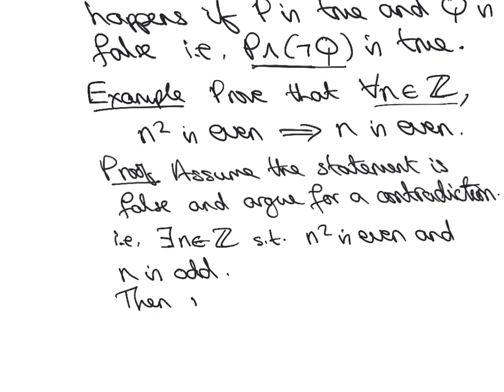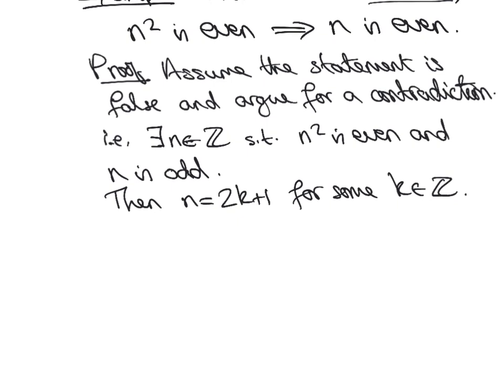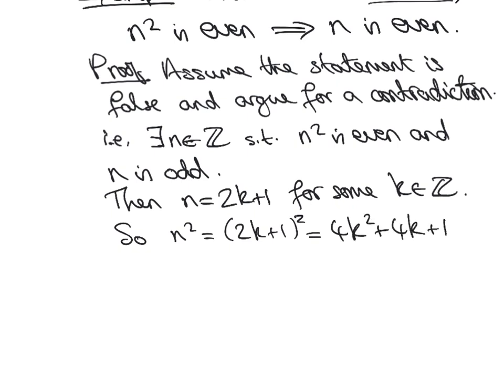So if n is odd, we know we can write it as 2k plus 1 for some k in Z. And then we're interested in n squared as well. So if we take n squared and work that out using this 2k plus 1, then we get 4k squared plus 4k plus 1.